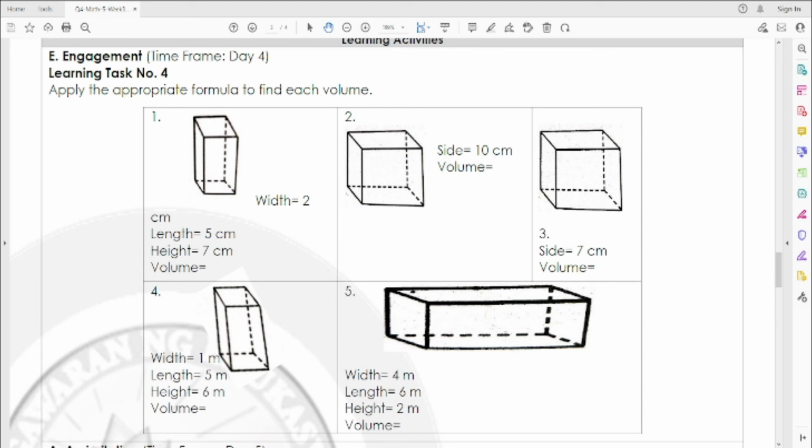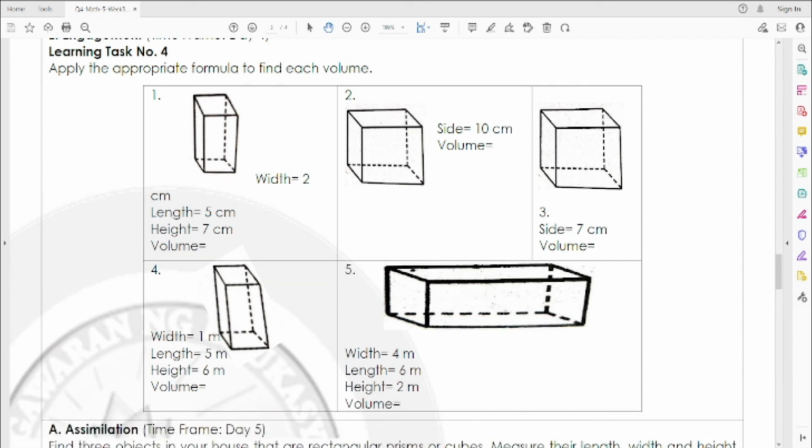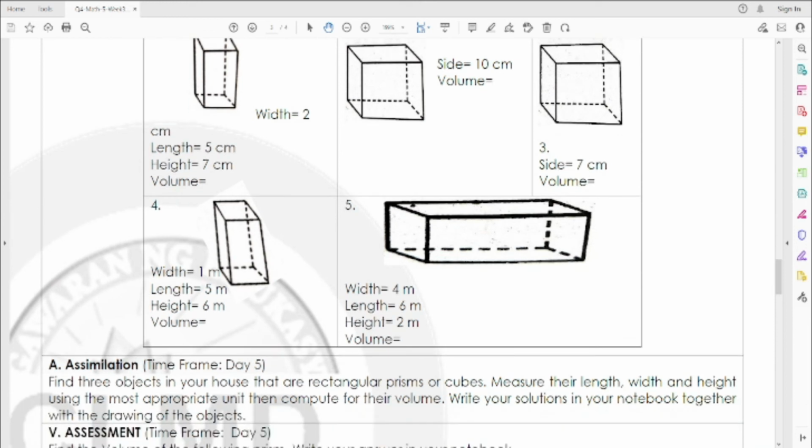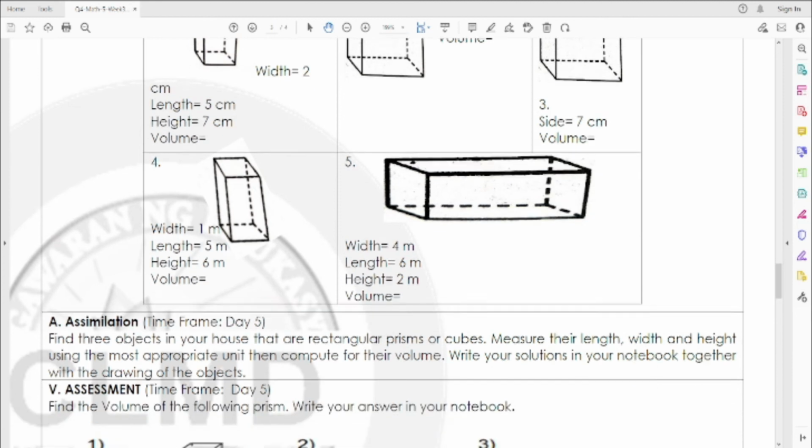Number 2, our given is a cube, so we can use s to the 3rd power. Also the same with number 3, a cube, s to the 3rd power. Number 4, we can use length times width times height because it is a rectangular prism. The same with number 5, with the given 4 meter width, length 6 meter, and height 2 meter.